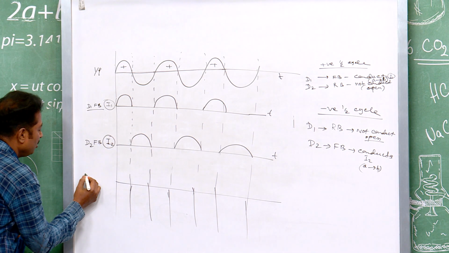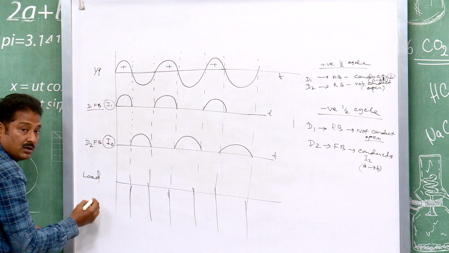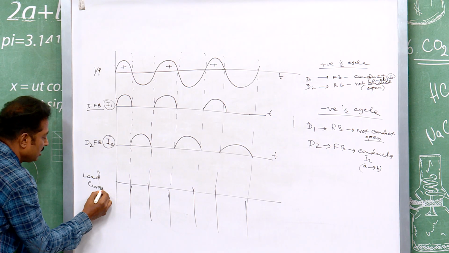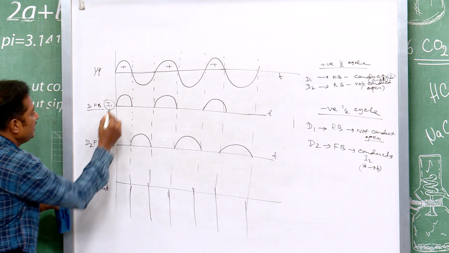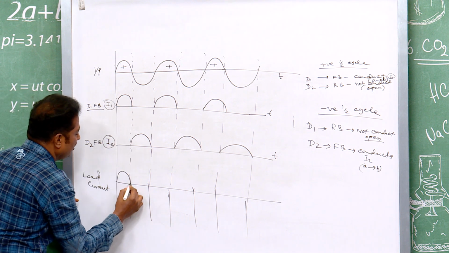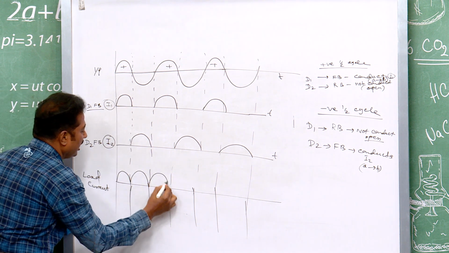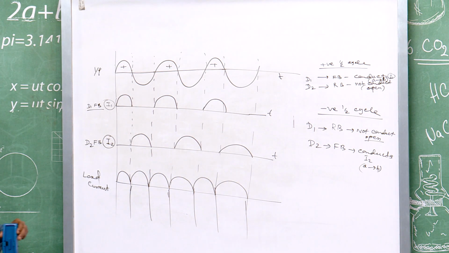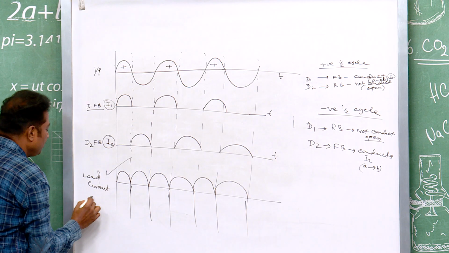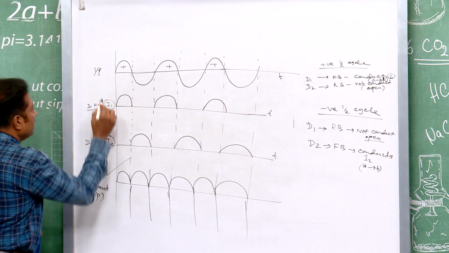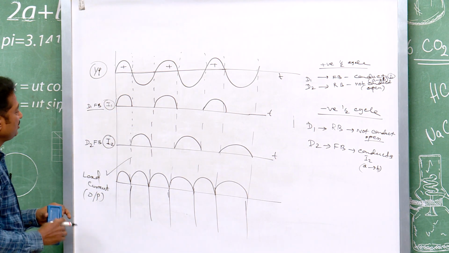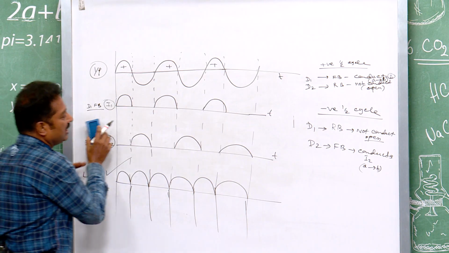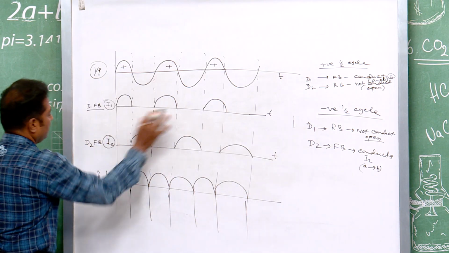Now, your load current will be I1 plus I2. You see the design. This is your output current, this is your input current. You see, now you can just leave it.